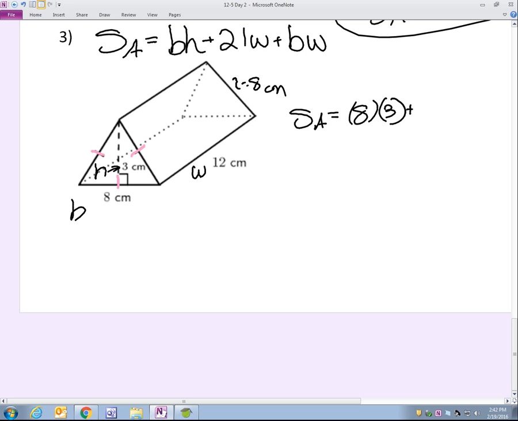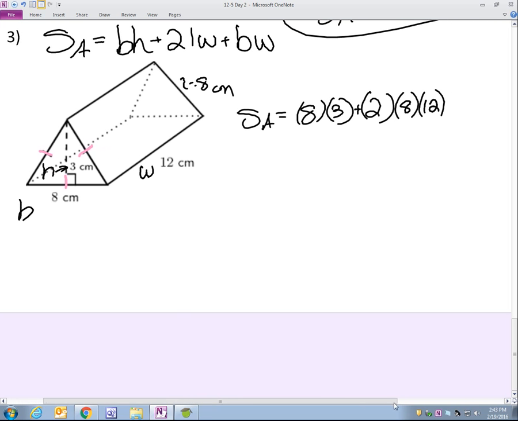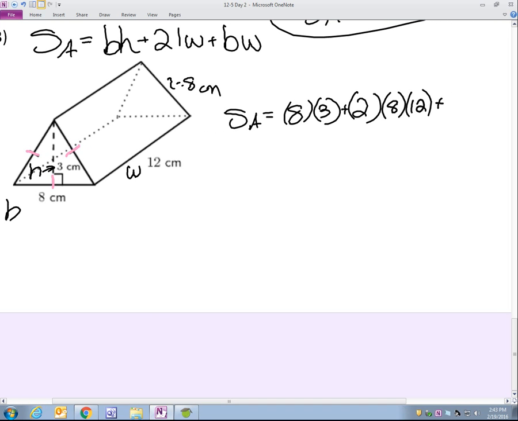Plus 2 L W. 2 times L is 8, W is 12. Plus base times 12.